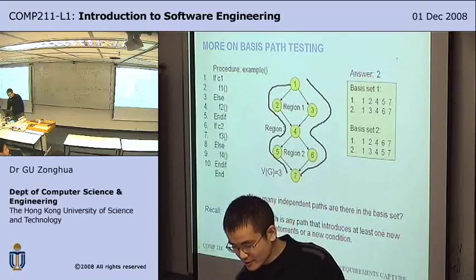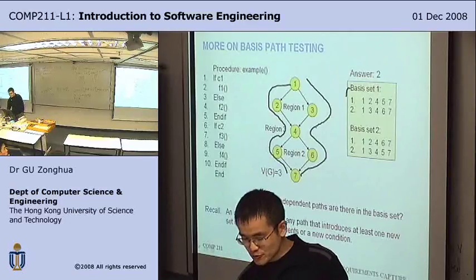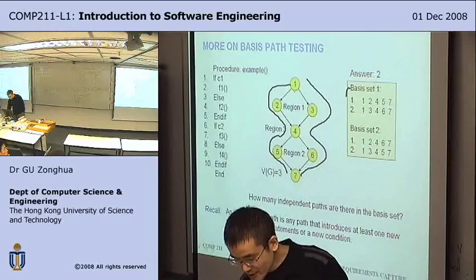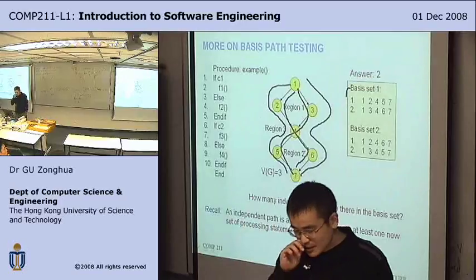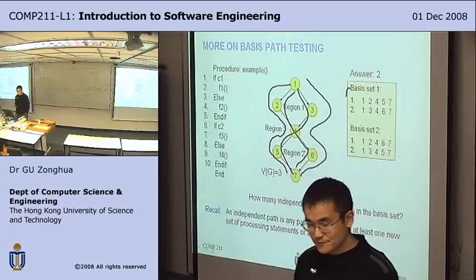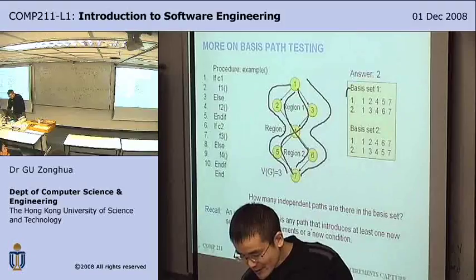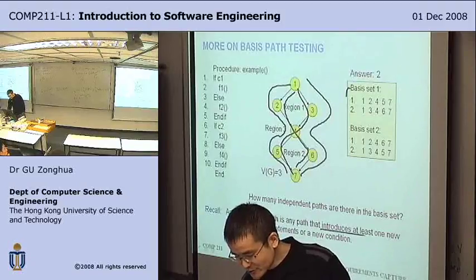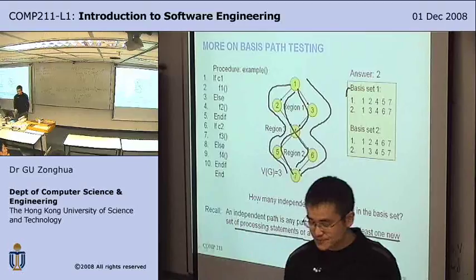Notice that you can have different basis sets: 1, 2, 4, 5, 7 and 1, 3, 4, 6, 7, which is the one I drew, or you can have 1, 2, 4, 6, 7 and 1, 3, 4, 5, 7. Either one is okay, but they are all independent paths, each introducing at least one new set of processing statements or a new condition.